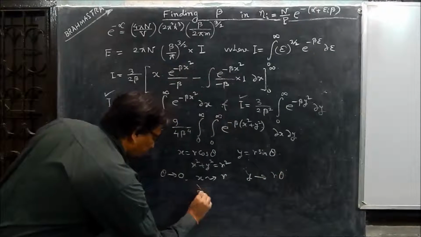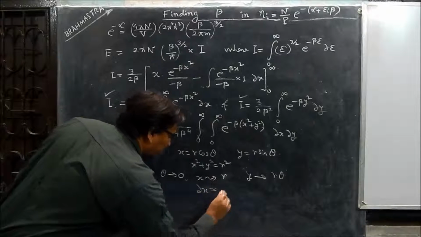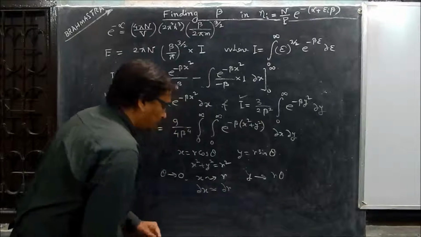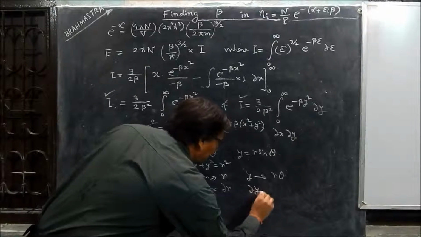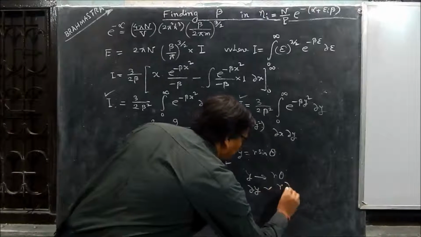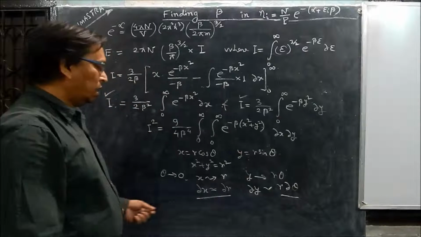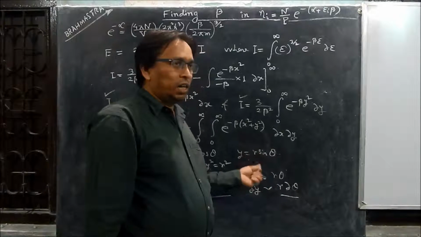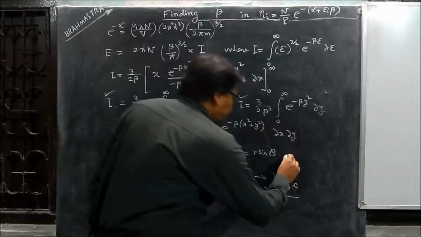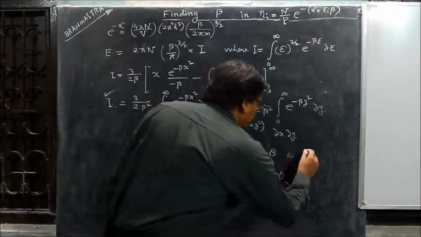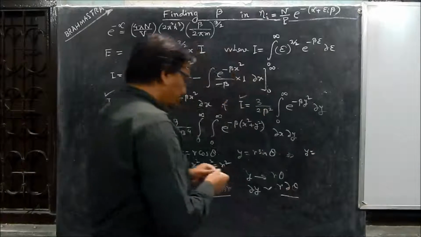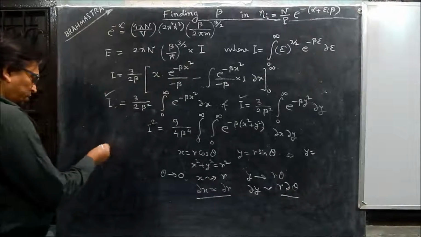So del x will be equal to del r, and del y will be equal to r del theta. By this approximation, y can also be taken as r tan theta, because theta is very small, so this sort of change can be done.